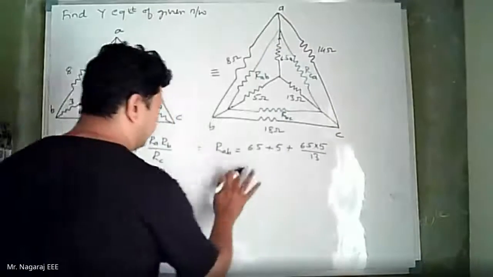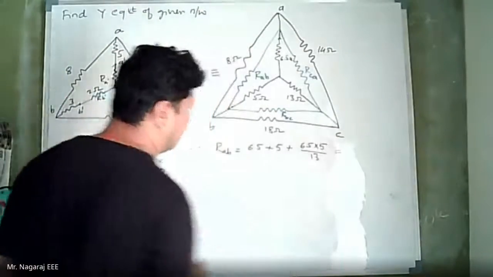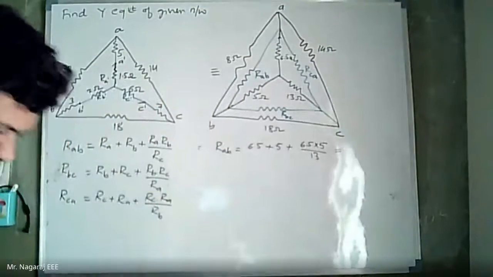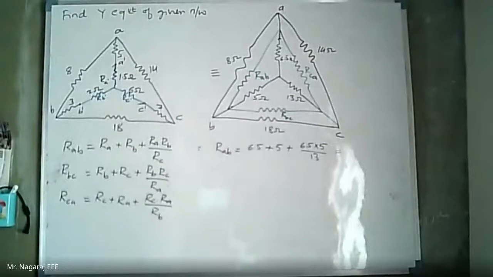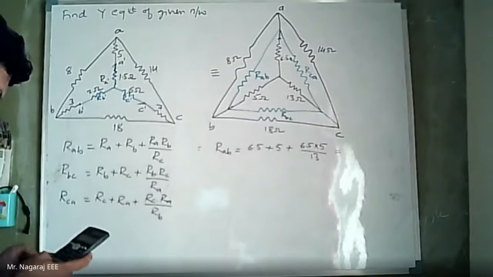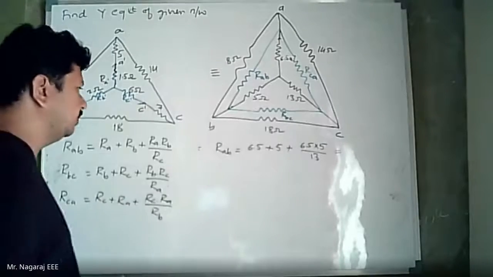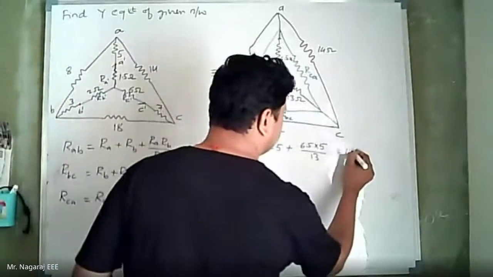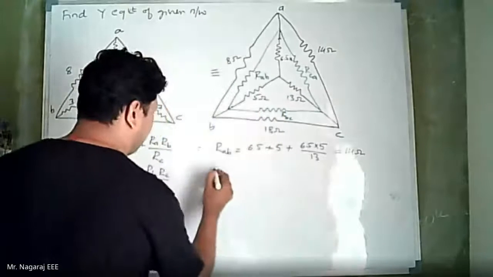So this will come out to be, you have to calculate it. With the calculation, it will be 14 ohms. RAB is 14 ohms.